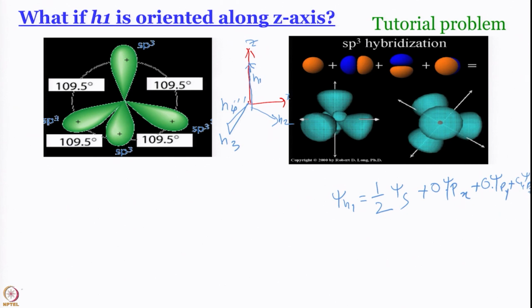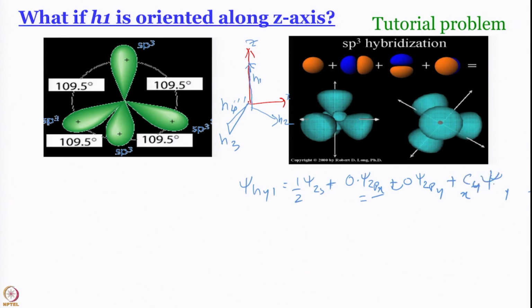Let me rewrite. Looks like I have written in indelible ink, cannot help it. So psi H1, hybrid 1, is equal to half into psi 2s plus 0 into psi 2px plus 0 into psi 2py plus something, C4, into psi 2pz.